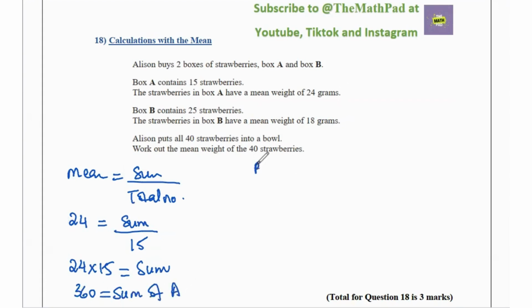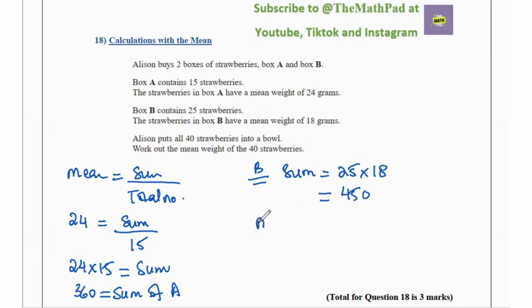And then for box B, it's going to be 25 times 18, which is equal to 450. They want us to find the mean weight of the 40 strawberries, so all of them together.